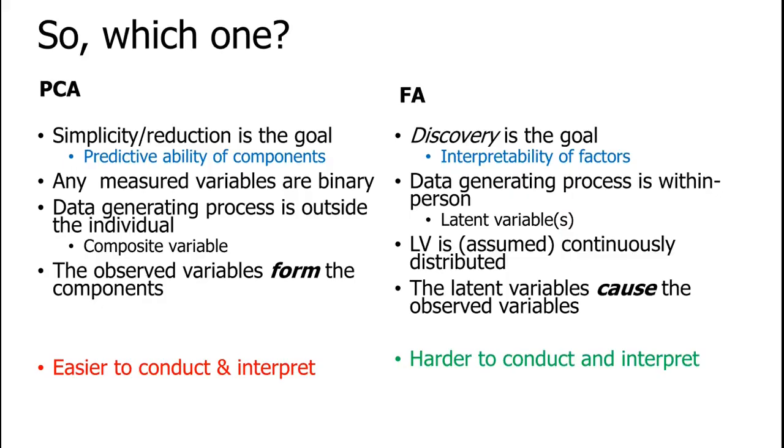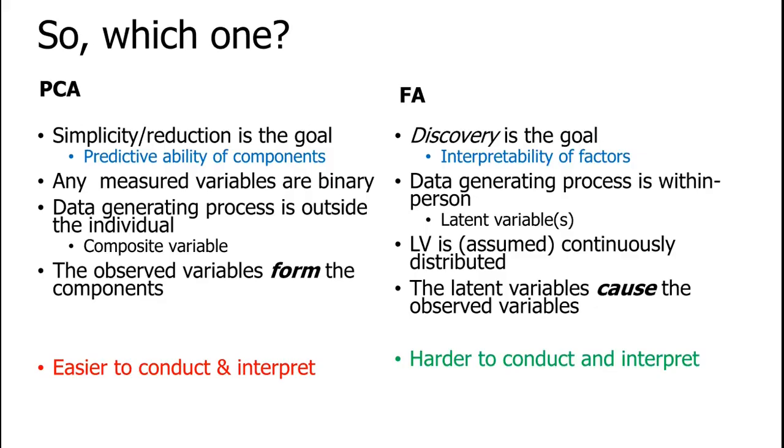And we're going to use the interpretability of the results to guide us to do that. Whereas in principal components analysis, generally what's being done is being done for predictive purposes. And success might be the predictive ability of the components that are derived from the analysis.